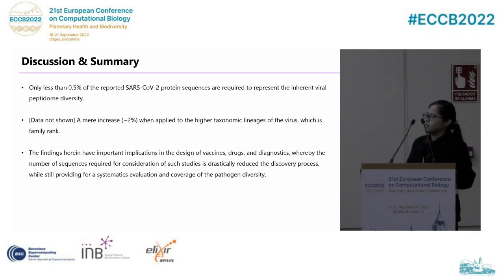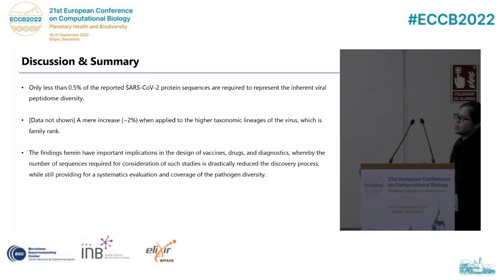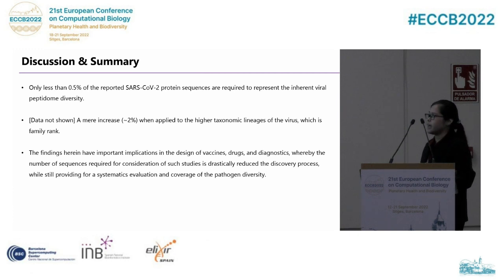In summary, we can see that only less than 0.5% of the reported SARS-CoV-2 protein sequences are required to represent the inherent viral peptidome diversity. But when we apply it to the higher taxonomy, which is the family rank, we achieve a mere increase of about 2%.